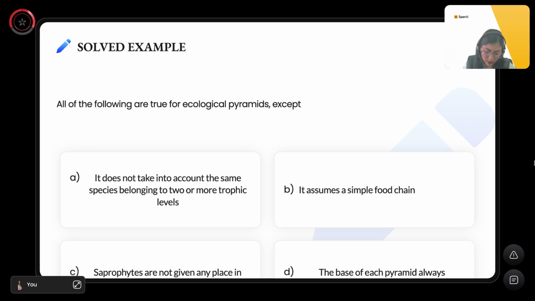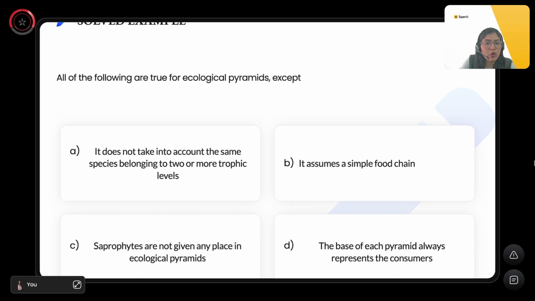Next question says all of the following are true for ecological pyramid except. So let us look at the options. It does not take into account the same species belonging to two or more trophic levels.